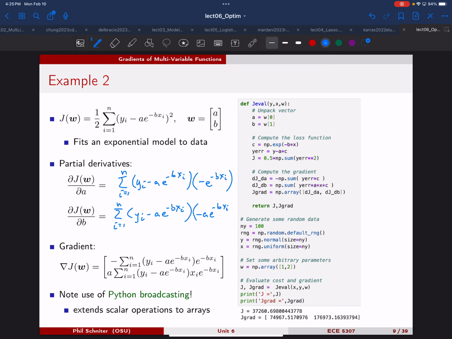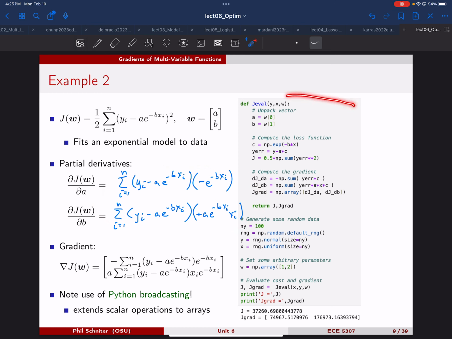So we're going to have an xi here, and cancel the minus there. Okay, so it's a bit more complicated, but something we can do. And then we stack these two things together, and we get our gradient.